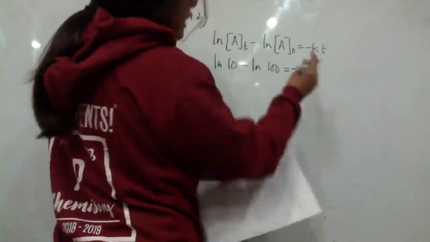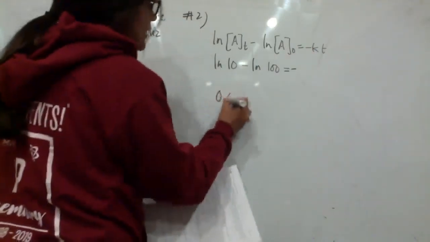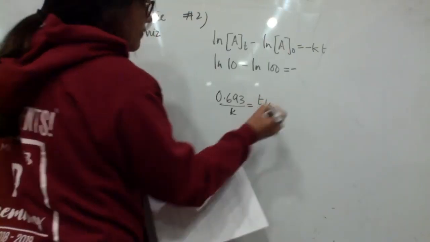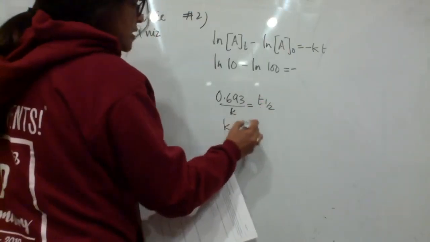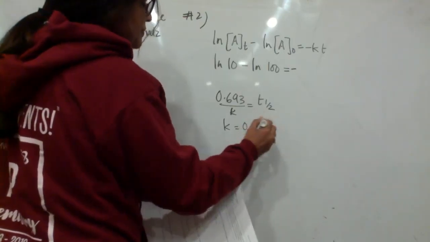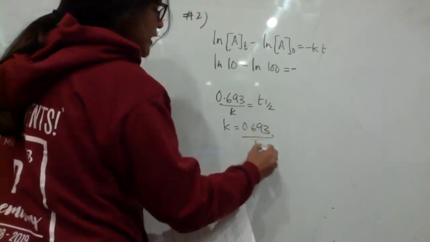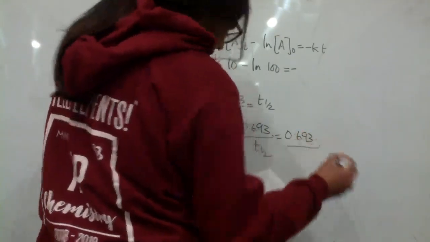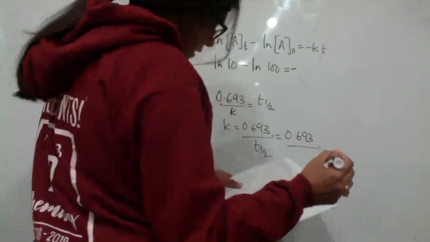K, and you can figure out K from 0.693 over K is equal to T half. Or K is 0.693 over T half. And here you have 0.693, and half-life here is in years.